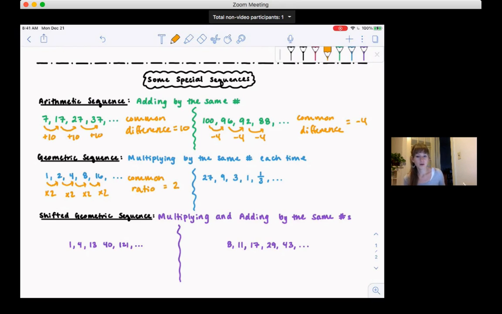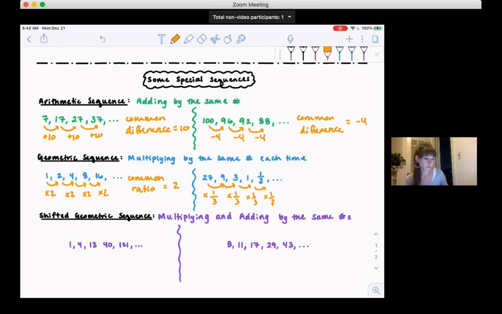So just like with arithmetic, we could have addition or sort of subtraction. With multiplication, we can also sort of have division because we can multiply by a fraction. So 27 to 9, you could think of that as dividing by 3, or you could think of it as times the fraction 1/3. 9 is 1/3 of 27. Then 9 to 3, also multiplying by a third. 3 is 1/3 of 9. 3 to 1 times 1/3, 1 to 1/3 times 1/3.